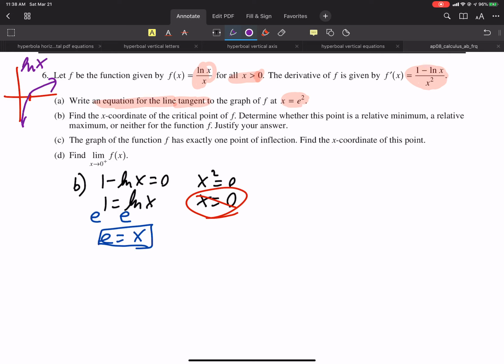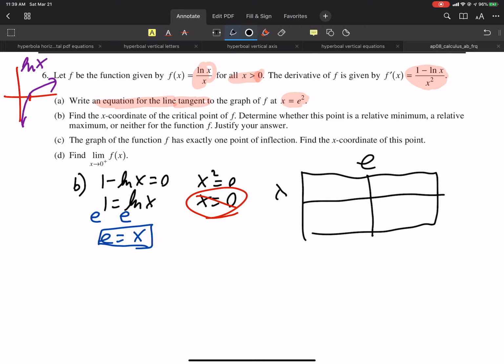So we have to determine if this is a relative max or min. The justification, we can see if the derivative changes signs. There's also the possibility of second derivative test, but I don't want to do that right now. If we have to, we will. But I don't think we have to. Ooh, that's a beautiful box.